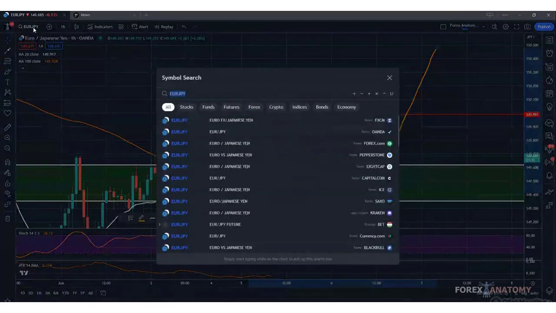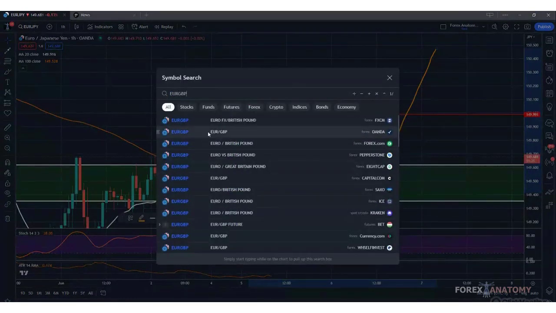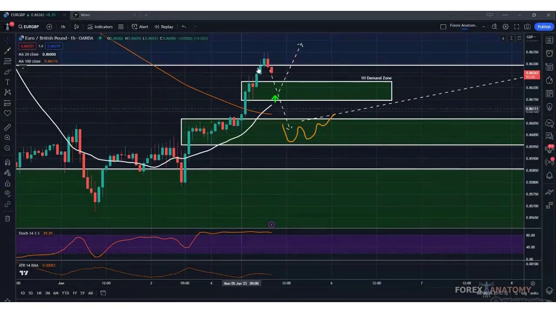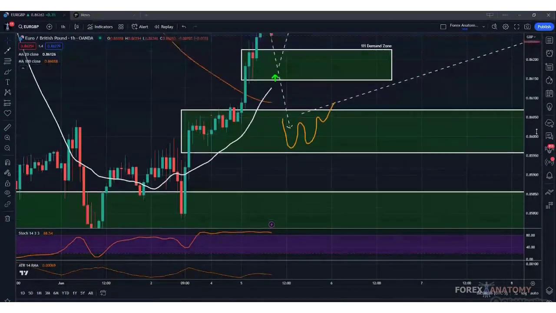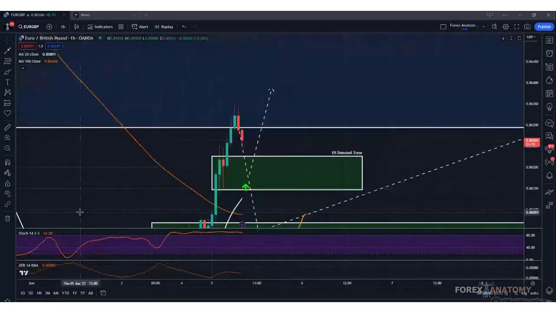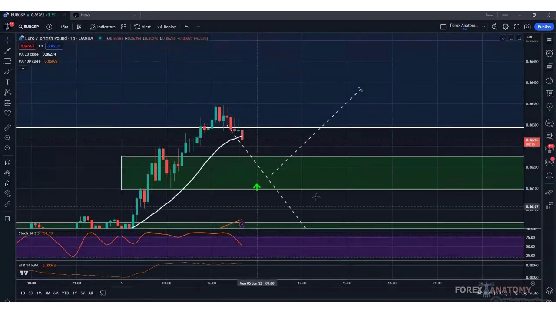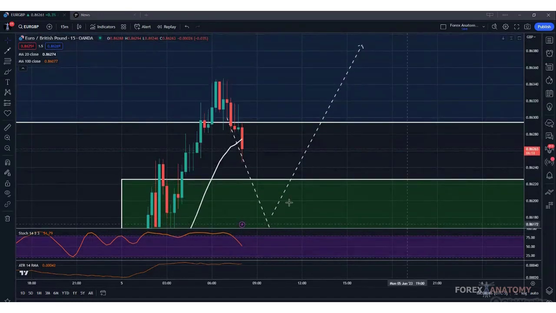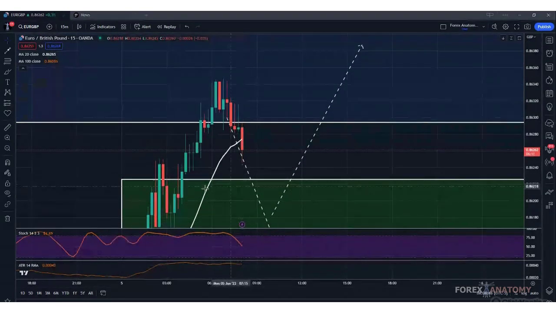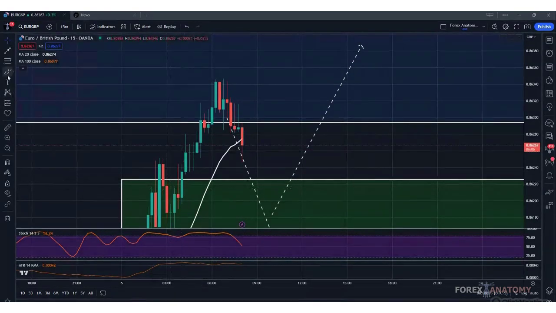We also went to Euro GBP, Euro Pound, and that's still correcting into our zone right now. So we still need to look to see how that forms. Remember, we want to see a 3-way pullback on the 15. We just see one leg as of now. So just a leg A. We need to see a leg B and a leg C. And you guys know or have an idea of how that will form.